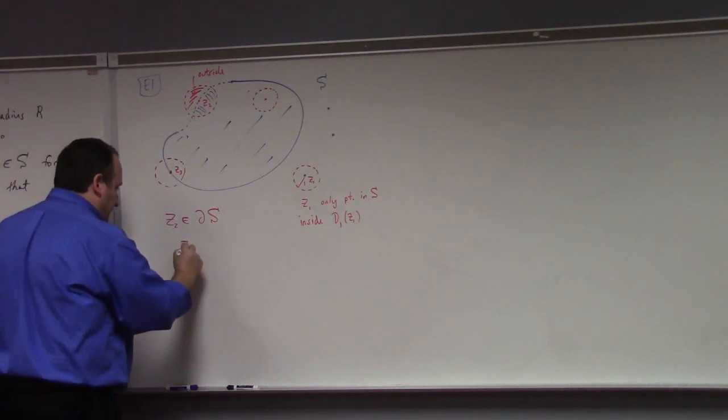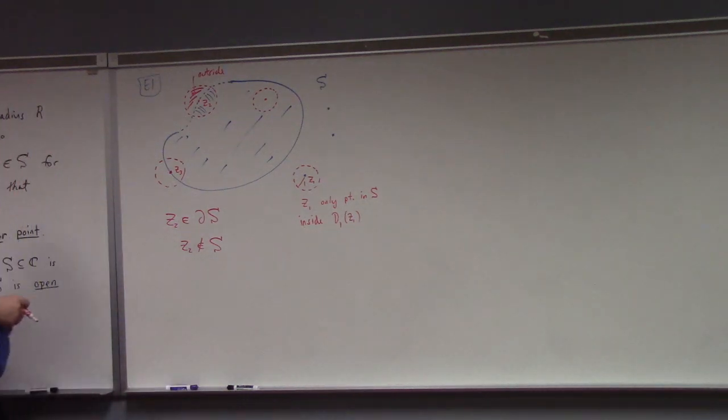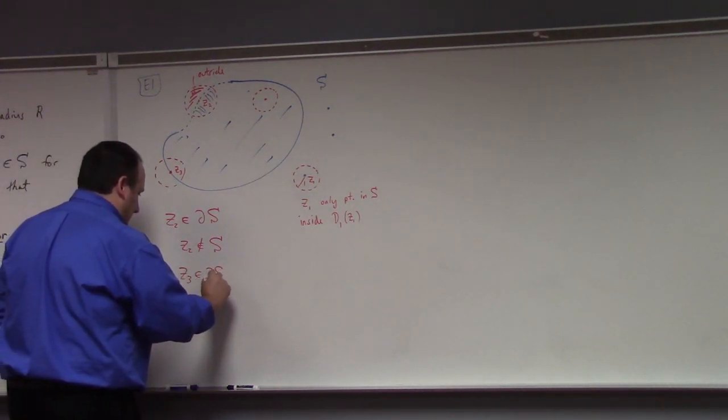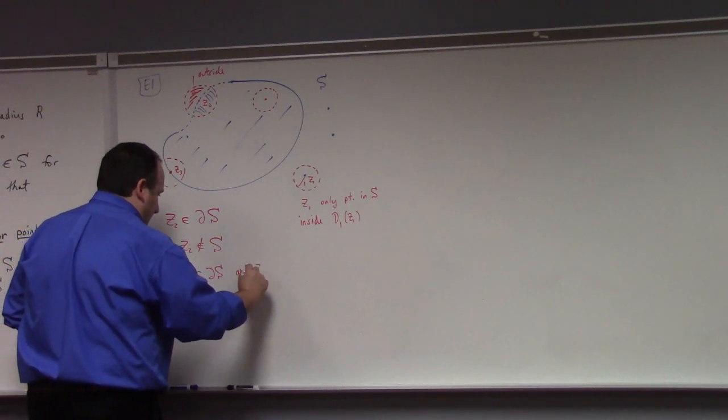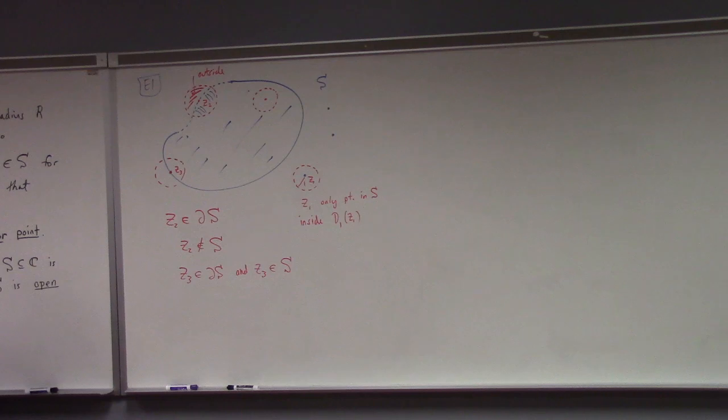Now, Z2 is not an element of S. A boundary point does not have to be an element of the set. Boundary points can be outside the set. They may also be inside the set in the case of Z3. Z3 is an element of the boundary of S, and Z3 would be an element of S. It's both. Yes, sir? You answered my question.